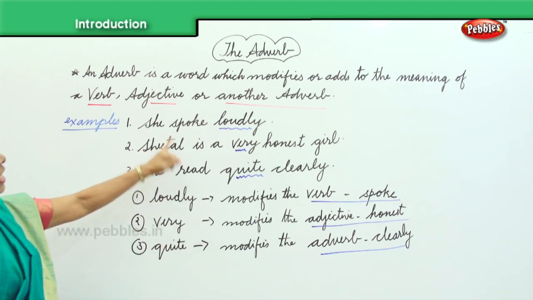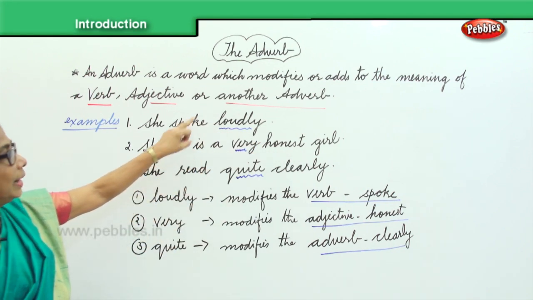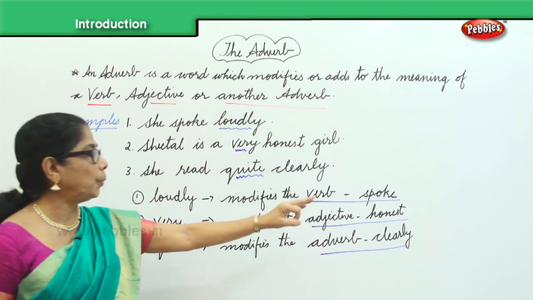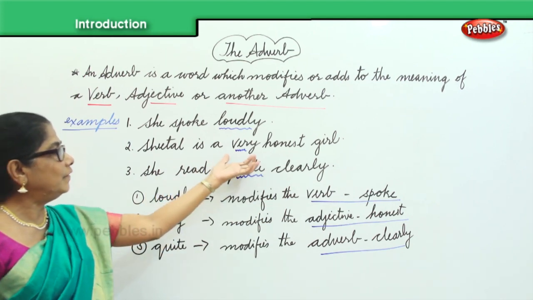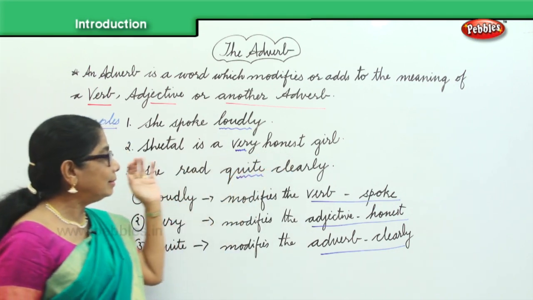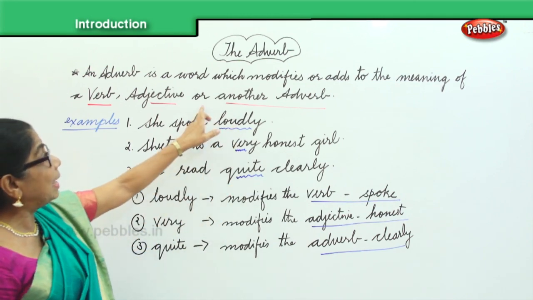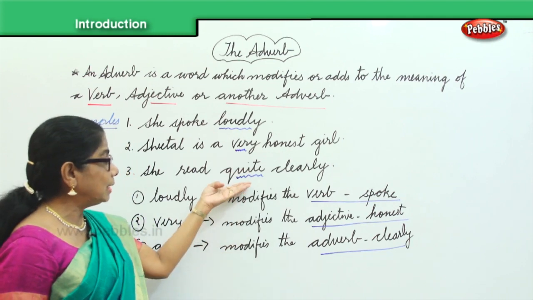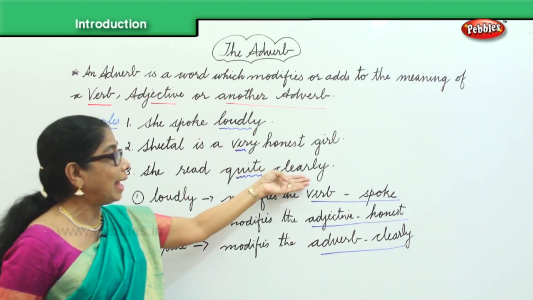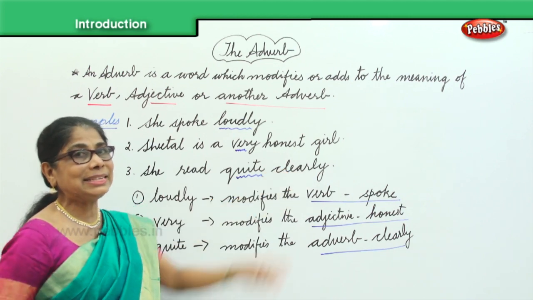So in the first sentence, she spoke loudly, the verb here is spoke, so it modifies the verb spoke. In the second one we have very is the adverb and it modifies the adjective honest. And the third one we have quite is the adverb, but it modifies another adverb, clearly. How does she read? She reads quite clearly.